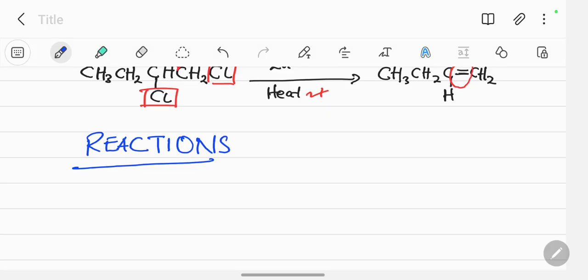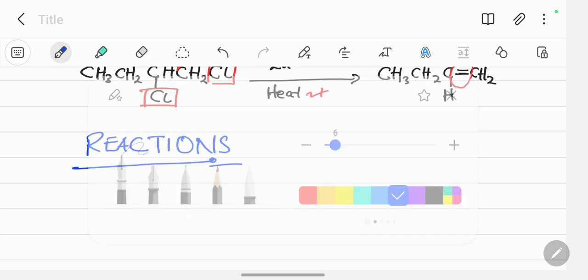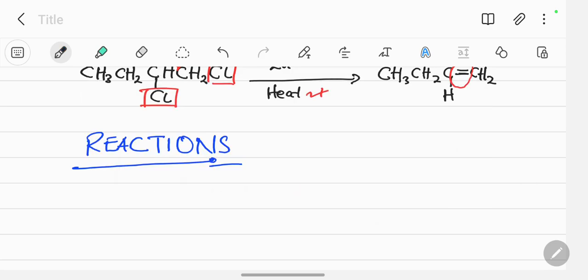Reactions. So one of the reactions you're having: at least alkanes are less reactive than alkenes. Alkanes are saturated.